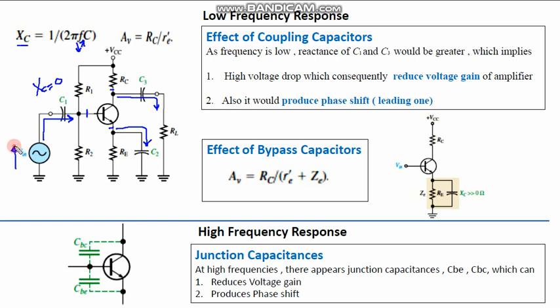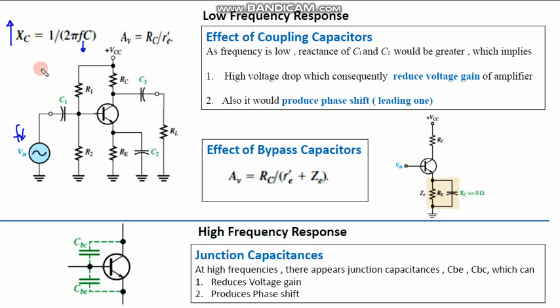So let's suppose the frequency of this input signal is decreased. They are inversely proportional, so basically it means that XC would increase.